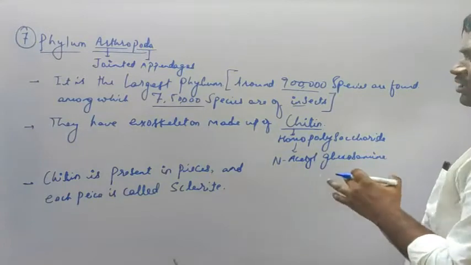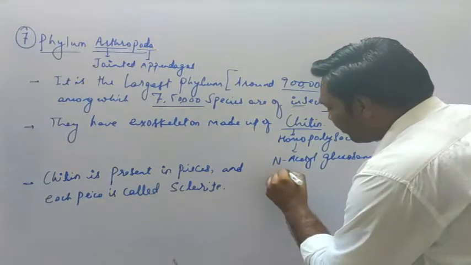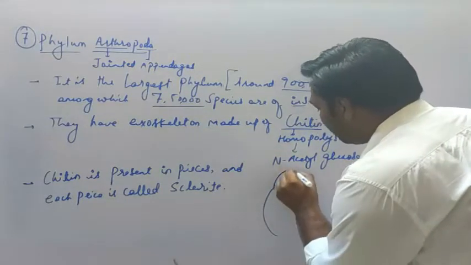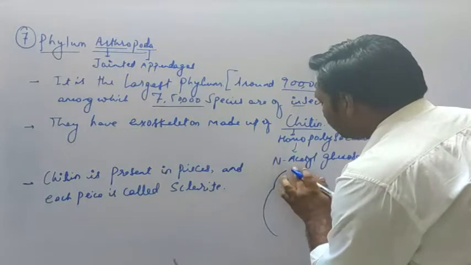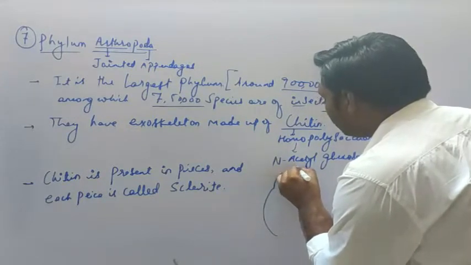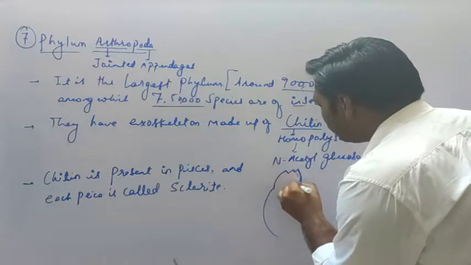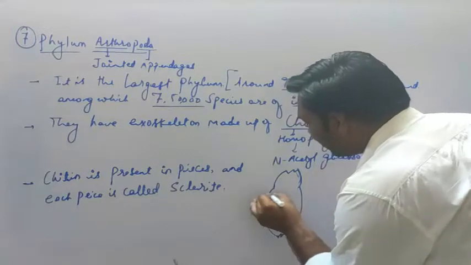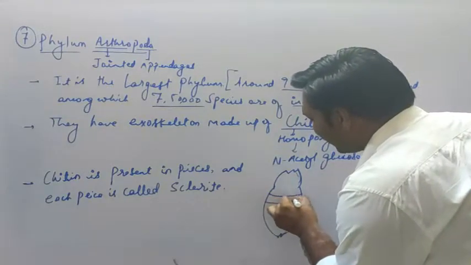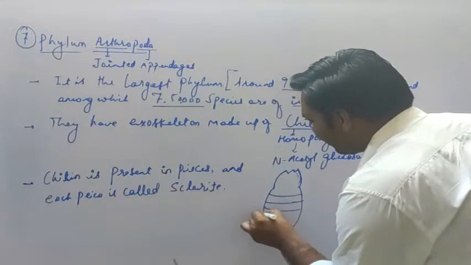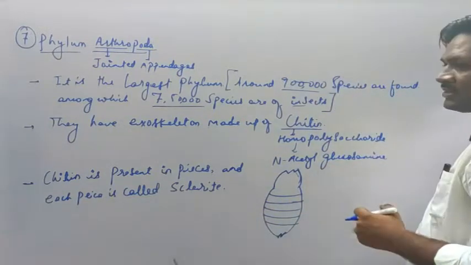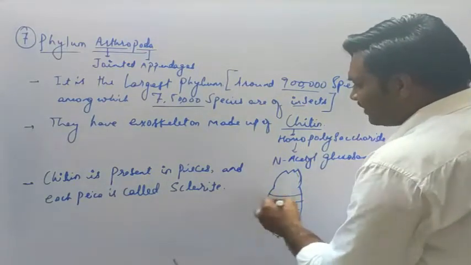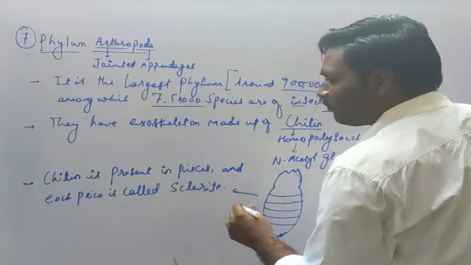You might be familiar with the structure of the earthworm. I am drawing a rough sketch so that we will understand the structure here. On the back side of the cockroach there are segments, and these segments are nothing but pieces of chitin, called sclerites.